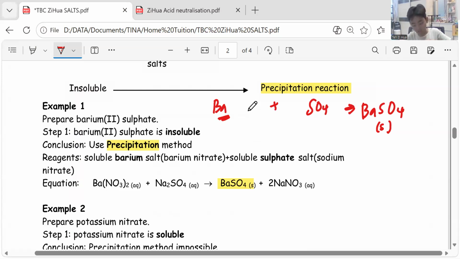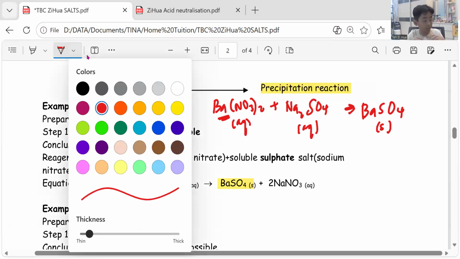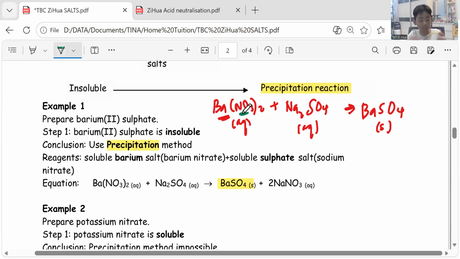Which barium is soluble? Barium chloride or barium nitrate? Because all nitrates are soluble. So this is the aqueous solution. What sulfate is soluble? Zinc sulfate is soluble. But the easiest one to use is always sodium sulfate, because all sodium salts are soluble and all nitrates are soluble. So it's the easiest.